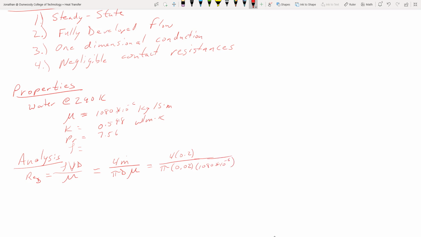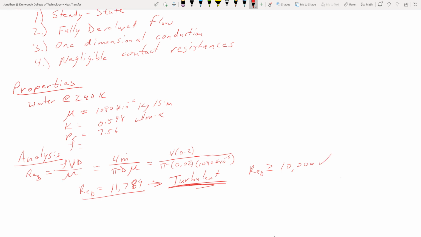So carry that through, we get our Reynolds number. It's 11,789. What does that tell us? That tells us that that is well into the turbulent region. And we know we can use a lot of our correlations. A lot of our correlations had limits of Reynolds number greater than or equal to 10,000. So we're good with that.